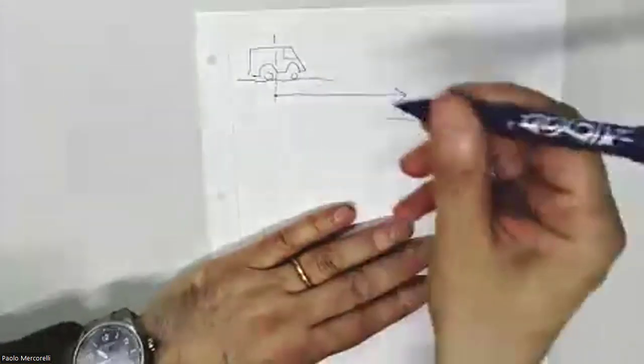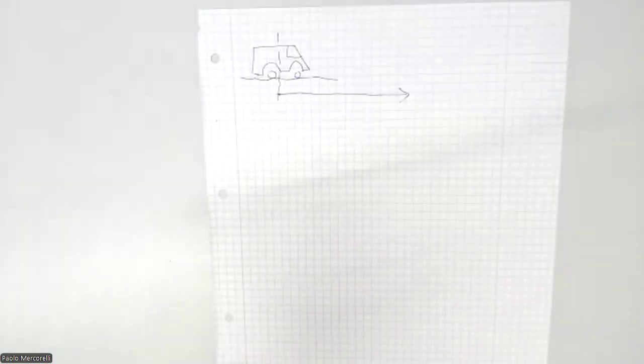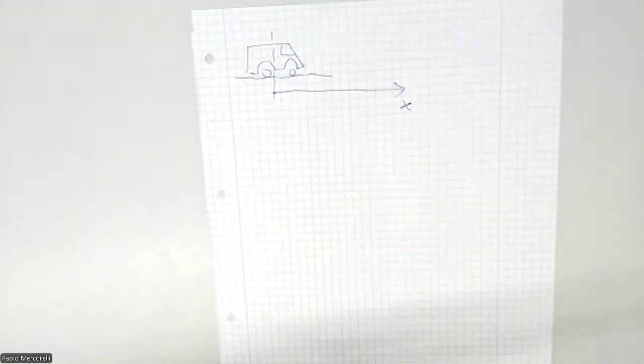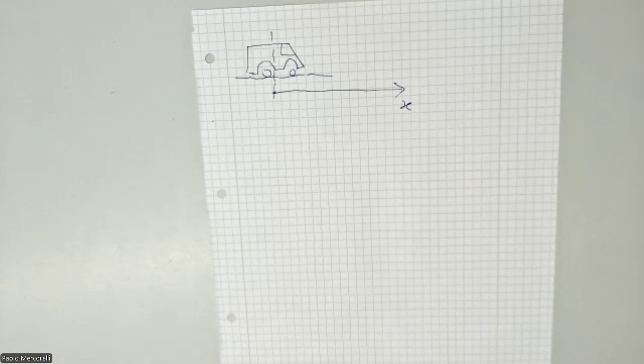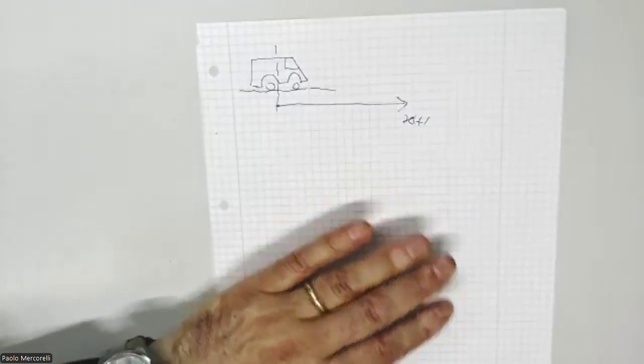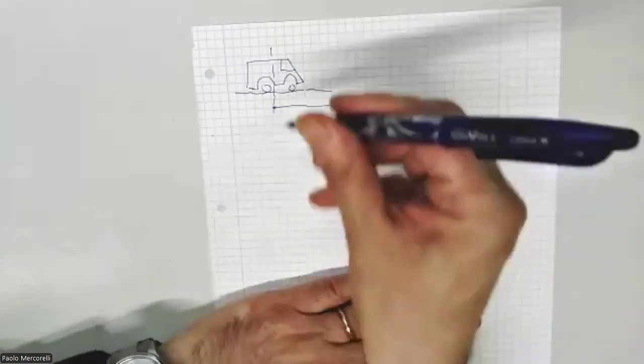You can see in this direction. This is the movement X, let me say. X positive in this direction. We orient the movement in this direction positive.